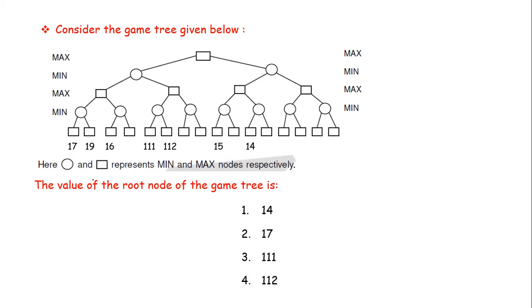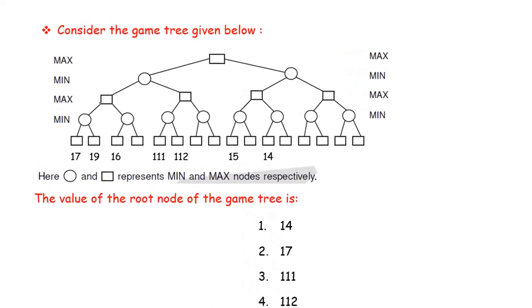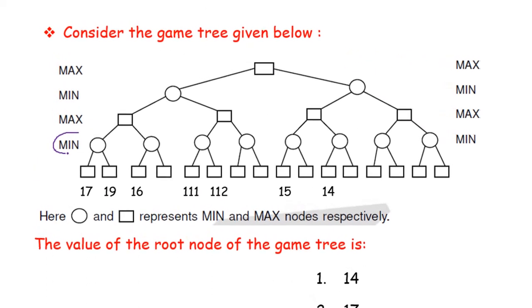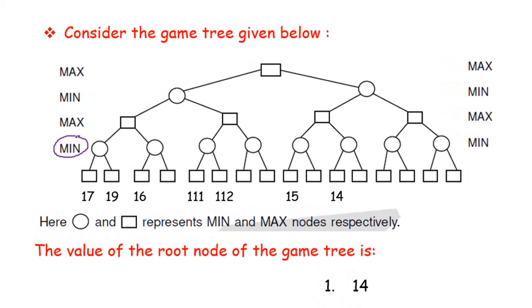Again, we are given a game tree with some values and we have to find the value of the root node. We will follow the same process. We will start from the last internal level. Here you can see this is the minimum level. So we will try to minimize our value. Here the left child has value 17 and the right child has value 19. The minimum of 17 and 19 will be 17.